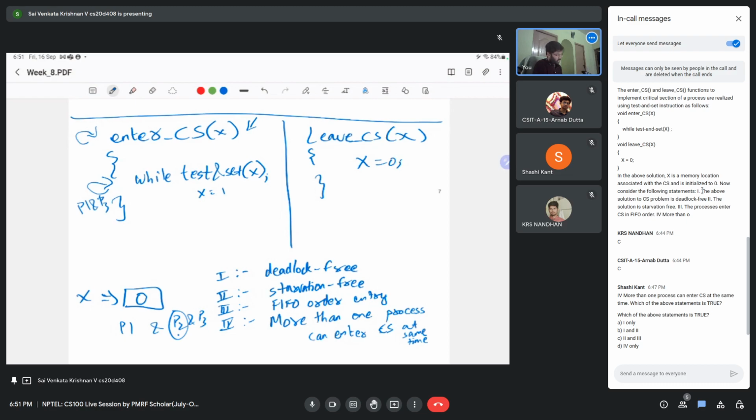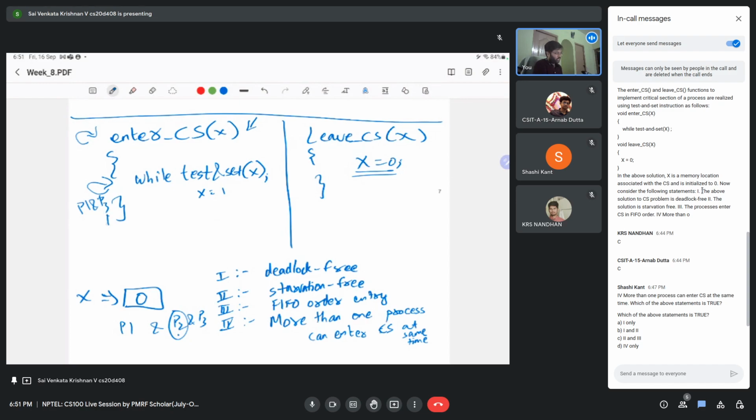Now when P2 exits, it will set x equal to 0, right? And when it sets x equal to 0, either P1 or P3 would get the chance to enter the critical section, based on this test and set condition, whichever executes first, and also based on which one is alive at that time.